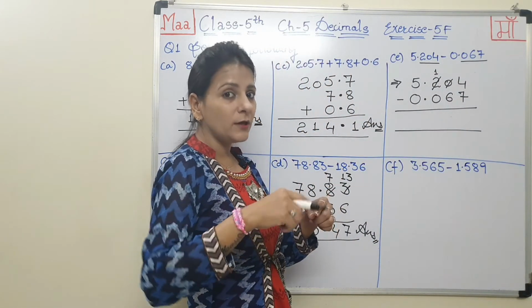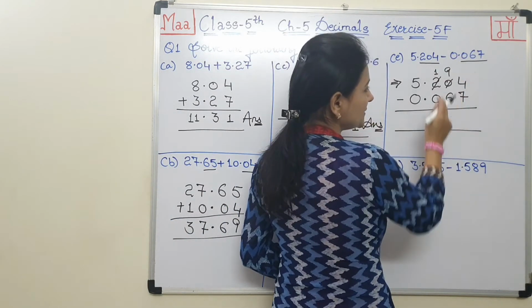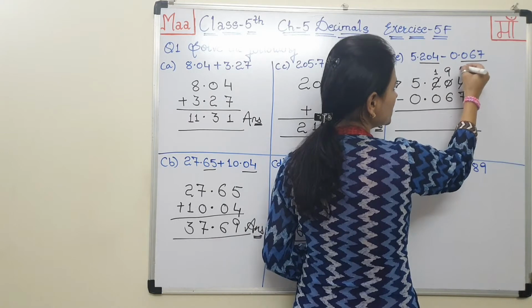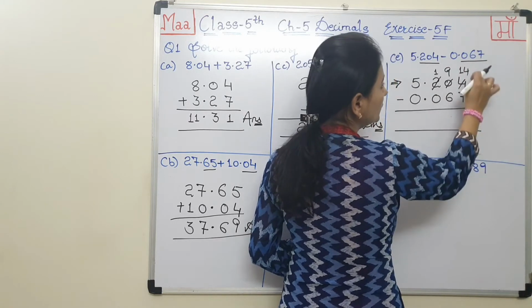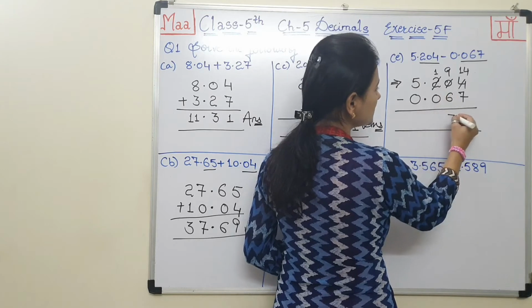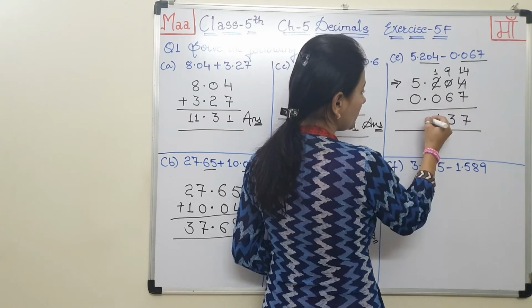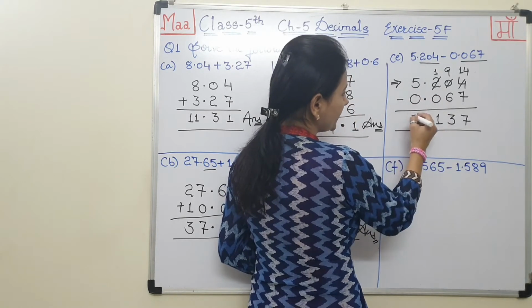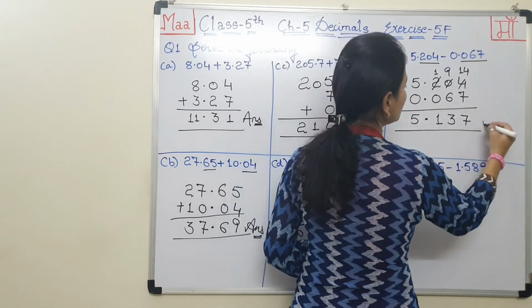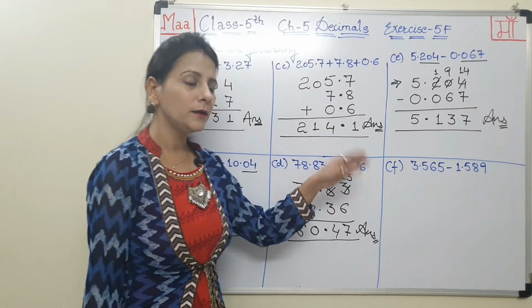But this 10 will give a borrow to 4. So this 10 will then become 9. So I am directly writing 9 here and this 4 will become 14. So 14 minus 7 is now equal to 7. 9 minus 6 is equal to 3. 1 minus 0 is equal to 1. Here will come the decimal point and then here 5 minus 0 is 5. So 5.137 is the answer of part E.